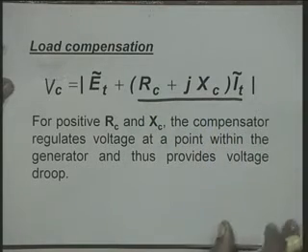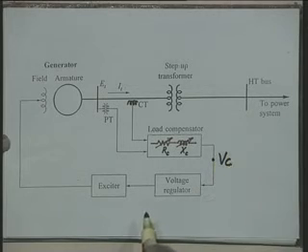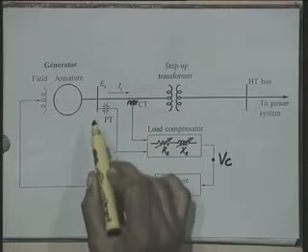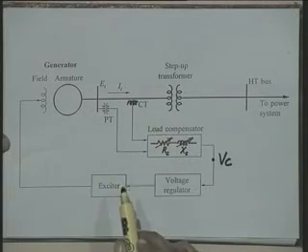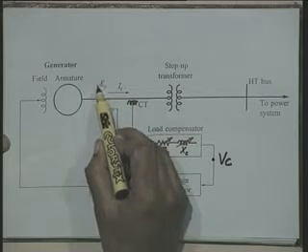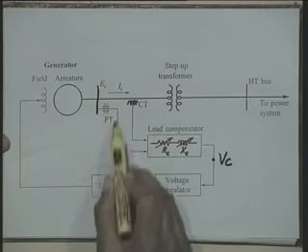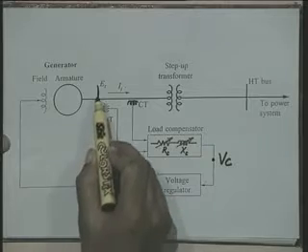Now, in the practical system, the voltage Vc is derived by this basic schematic diagram. From the terminal voltage, you put a potential transformer and get a voltage signal which is proportional to the terminal voltage.